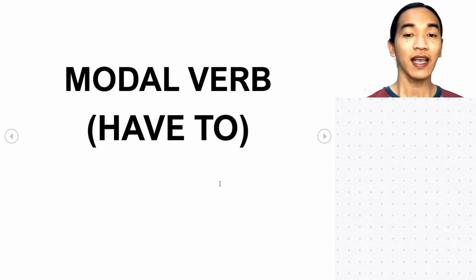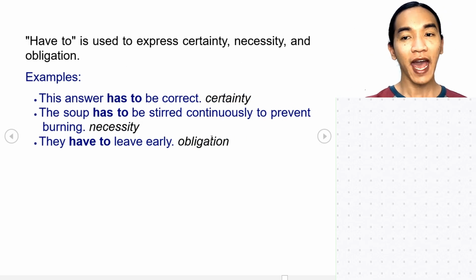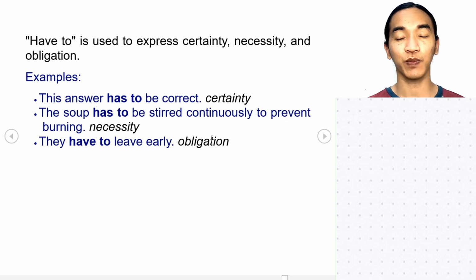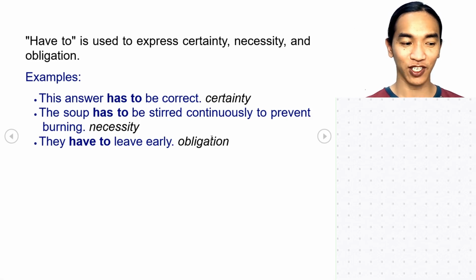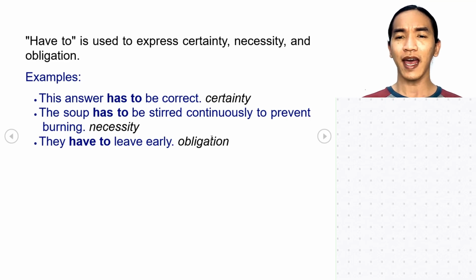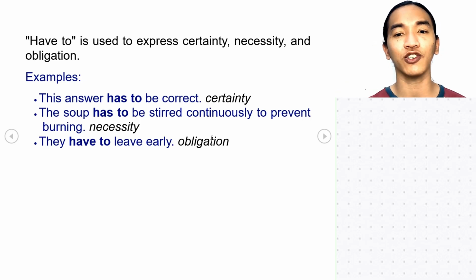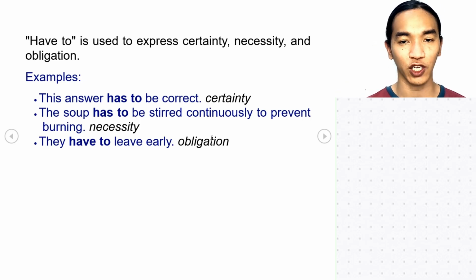But anyways, let's go ahead and discuss more of this one. So have to is used to express certainty, necessity, and obligation. So it's just simple as that. So if you notice, so many of our modal verbs actually have almost the same usages. Okay, that's why we can just use them interchangeably for certain situations.